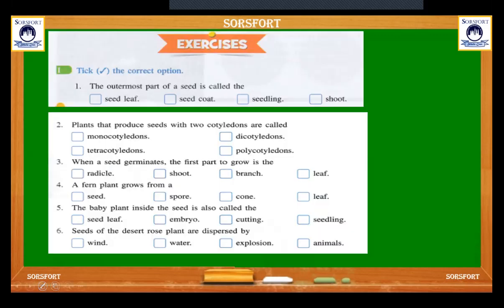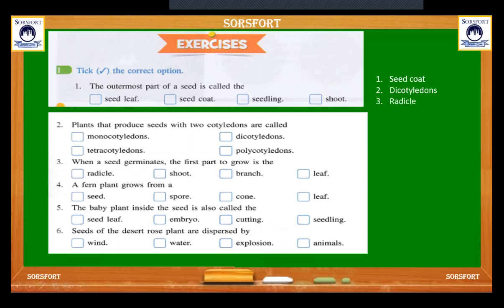I hope you all finished this one. The outer part of the seed is called what? That is seed coat. Plants that produce seeds with two cotyledons are called dicotyledons. When a seed germinates, the first part to grow is called what?